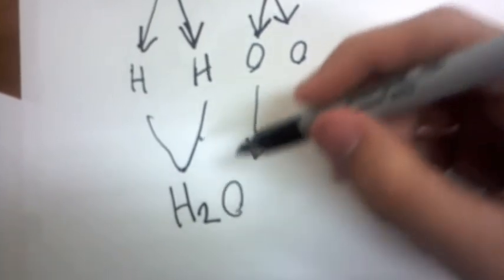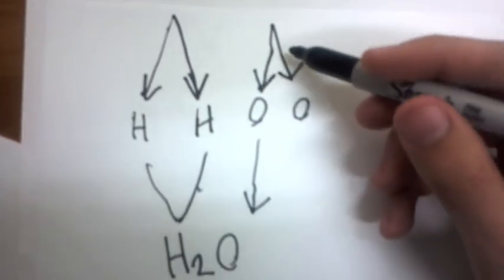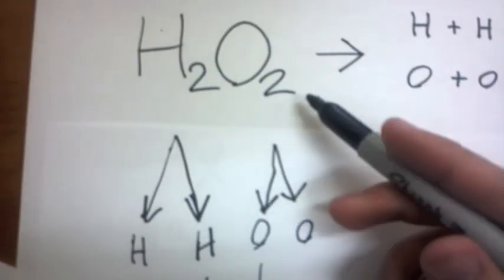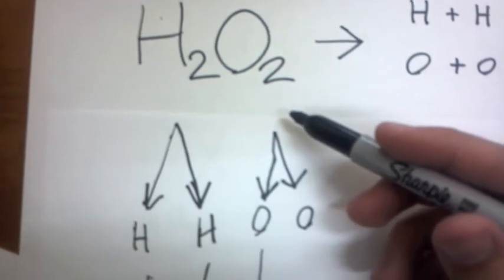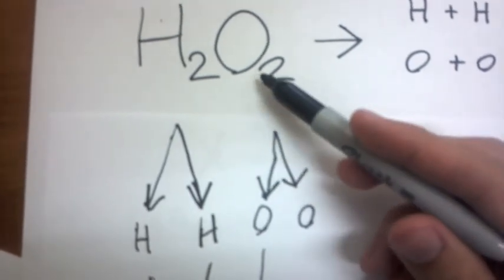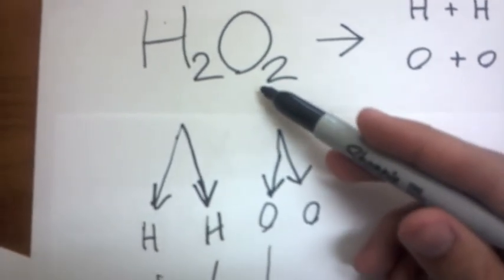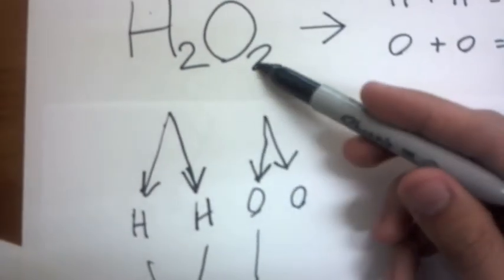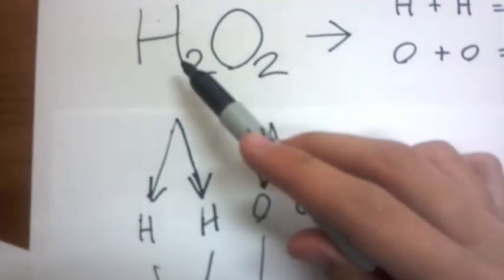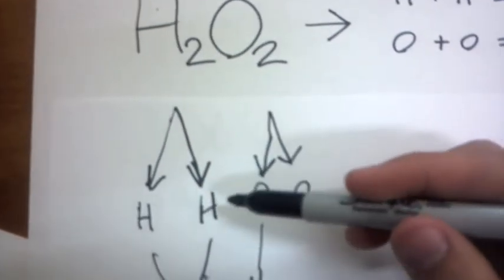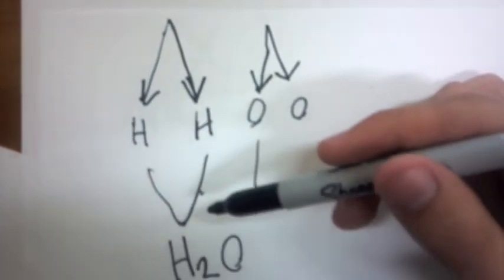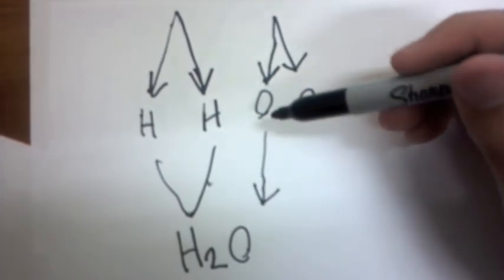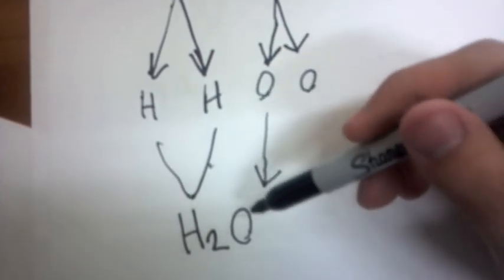Basically, the decomposition of this is taking 2 elements out of a compound and splitting them up into their own. So this is basically just oxygen, this is hydrogen. They're both pretty much just elements, and you're just taking them and splitting them up.